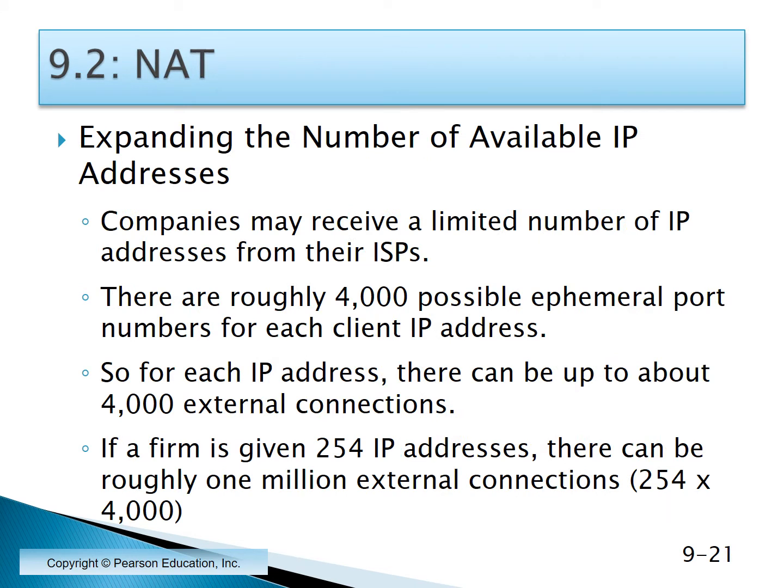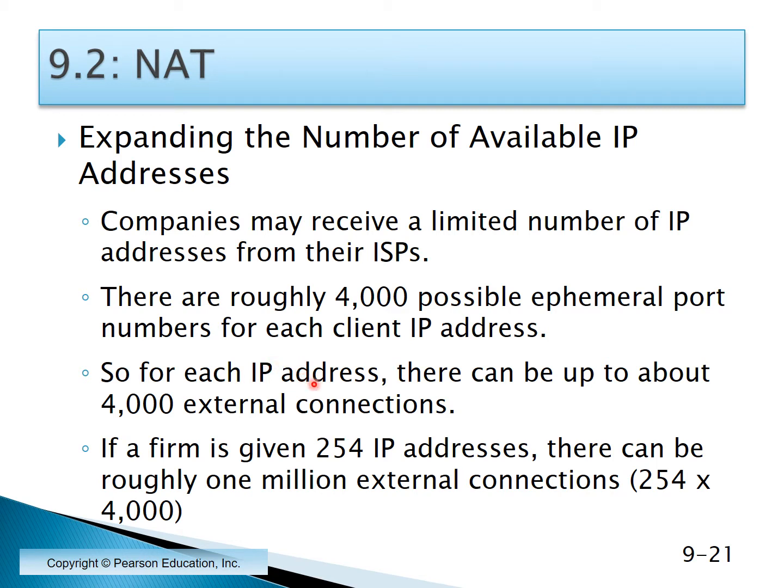Another reason for using NAT is you can expand the number of available IP addresses. Companies may receive a limited number of IP addresses from their ISPs, right? You may only be given a very small range of IP addresses that you can use. On the other hand, there are roughly 4,000 possible ephemeral, that's kind of like temporary, port numbers for each client address.